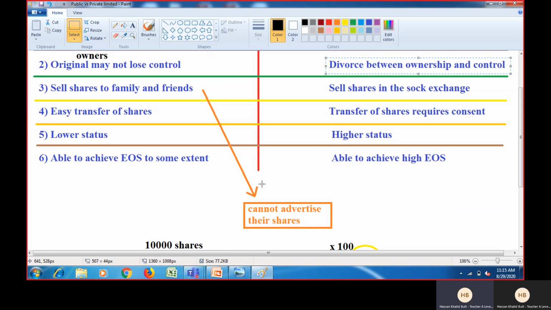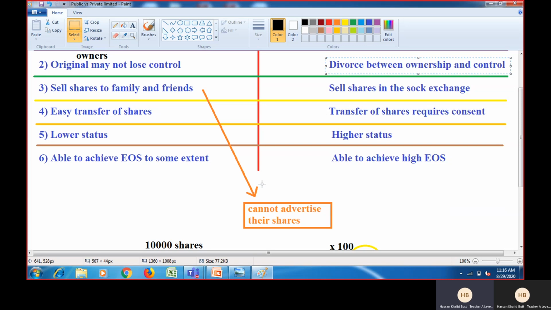Why? One, because your shares are not listed in the stock exchange. And the word listing means your shares are visible to everybody who visits the stock market, regardless of whether the person is among your family members or friends or not, right? Because they are visible now. So we said the shares are listed in the stock exchange.